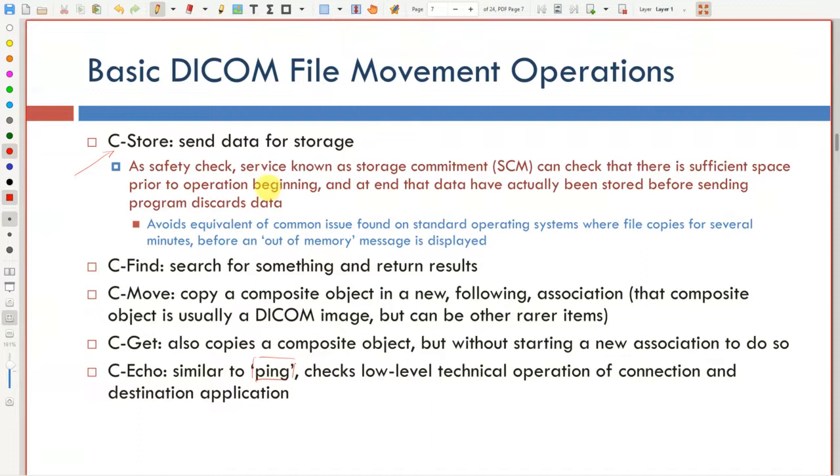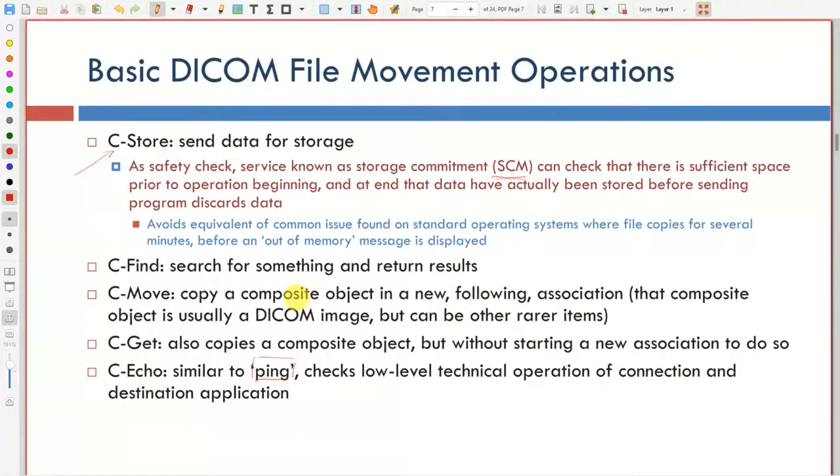For the C store, there are some safety checks that you should take care of. You have a service called storage commitment. Storage commitment is used to make sure that, if you want to store a certain image, there is enough storage space in your computer before you do that.